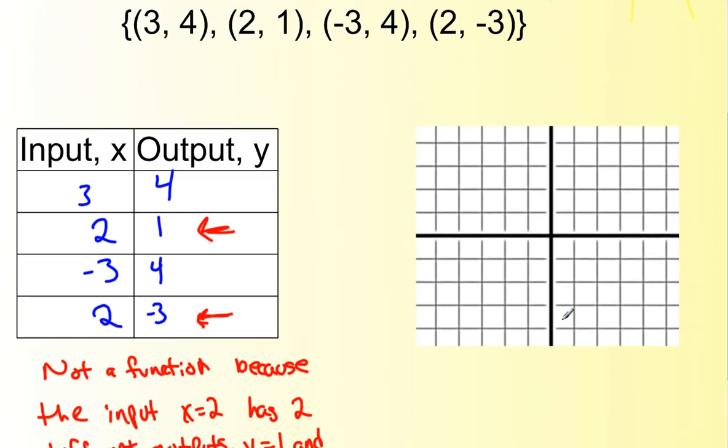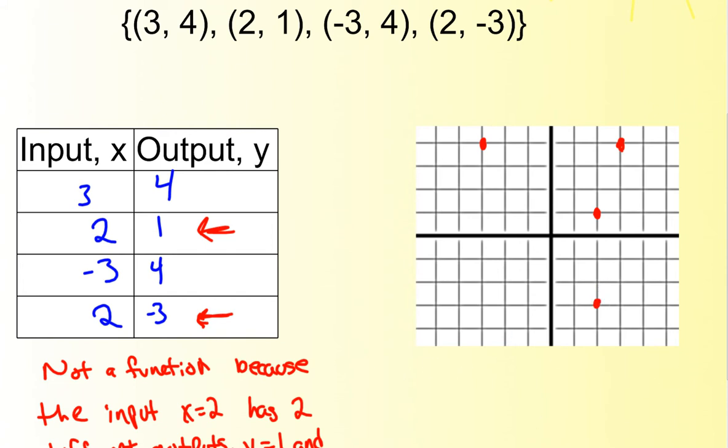Okay, so now based off the graph. 1, 2, 3, 1, 2, 3, 4, 2, 1, -3, 1, 2, 3, 1, 2, 3, 4, 1, 2, -1, -2, -3.